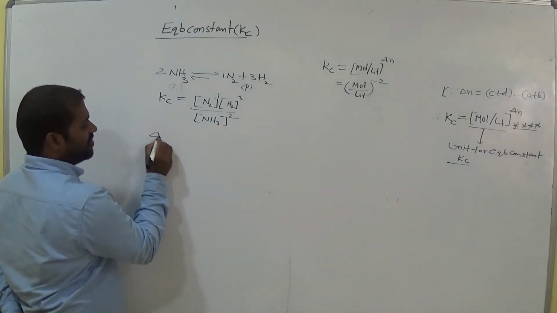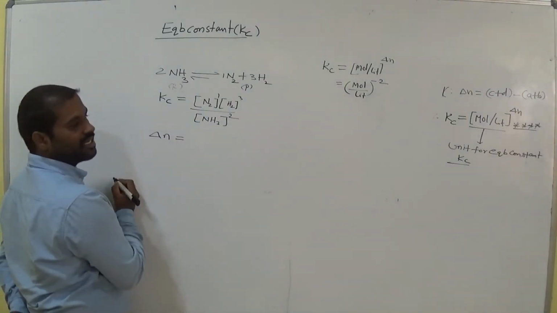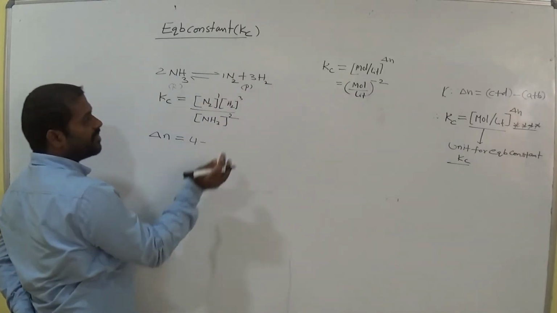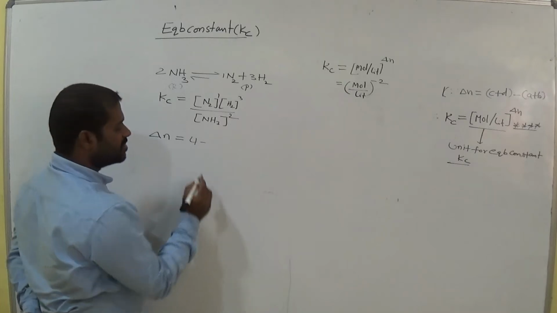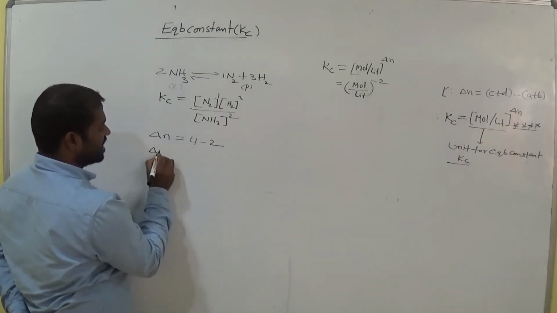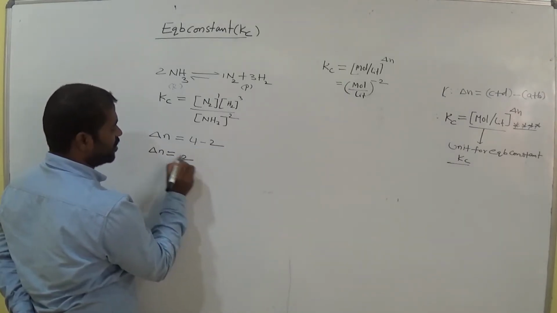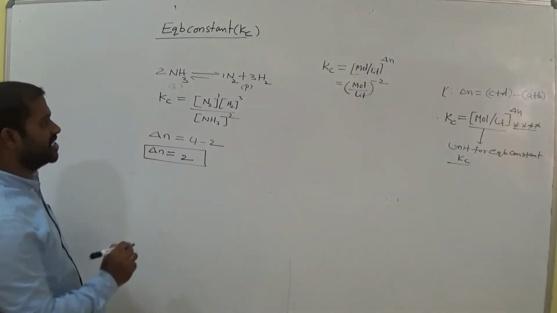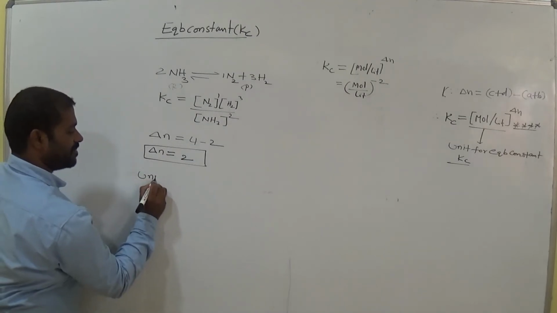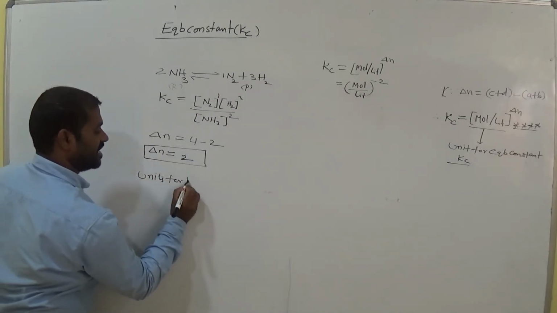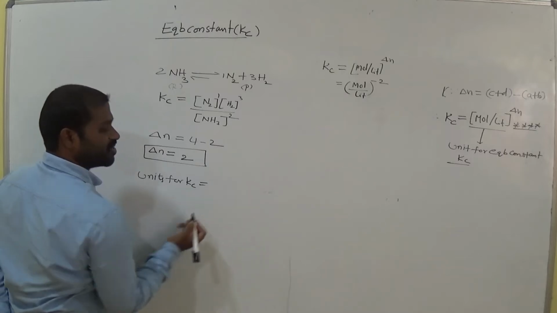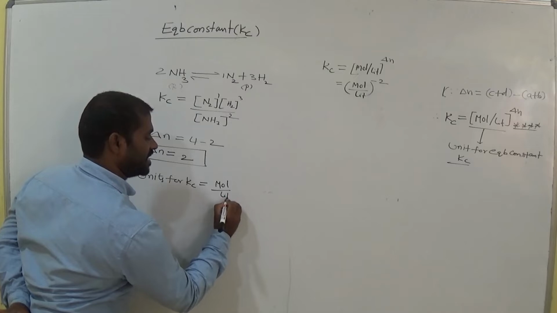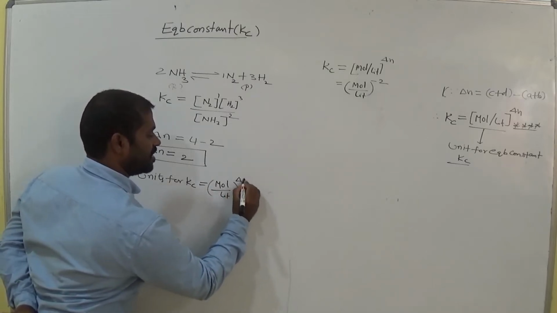So now what is the value of delta n? Number of moles of products, how many moles? 1 plus 3, 4. Number of moles of reactant side, how many moles do we have? 2. Now in this case delta n is equal to how much? 2. Now what are the units for Kc? Units for Kc in the above expression, we know the general expression, mole per liter whole power delta n.